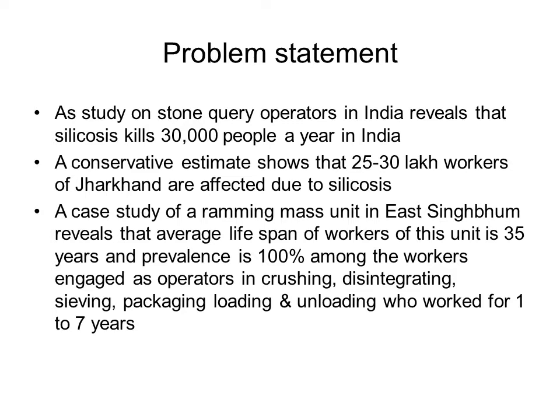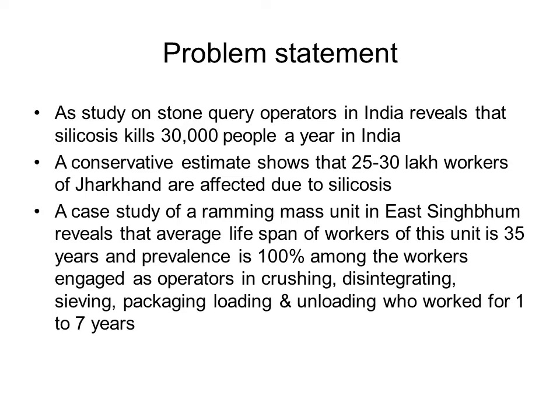The problem statement or the situation analysis reveals that a study in India found about 30,000 cases of death in quarry operators due to silicosis. There was a study in Jharkhand where the morbidity due to silicosis is about 25 to 30 lakh workers.